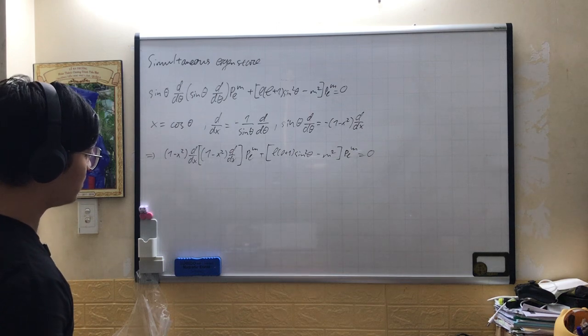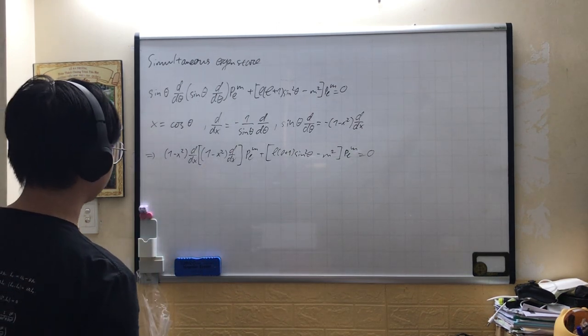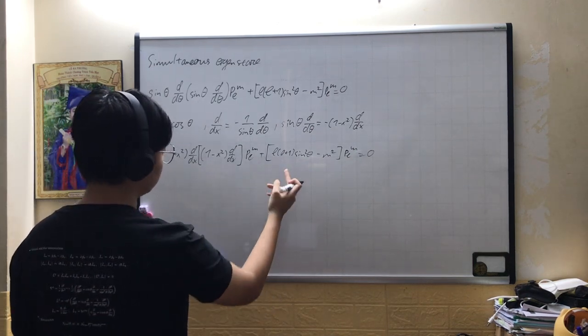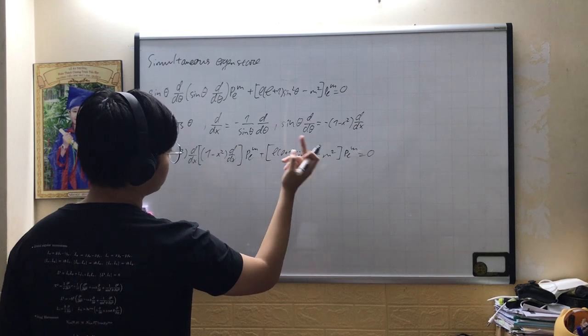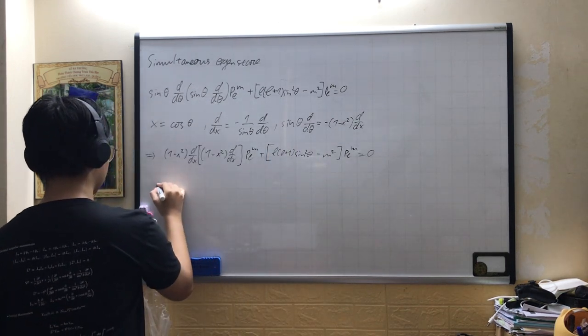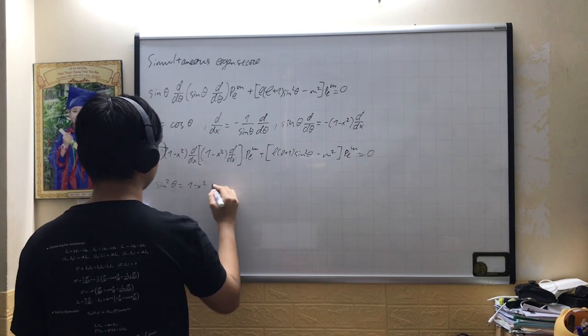Okay, so can we do anything further to shorten this? Because it's still pretty long and messy. Well, you can shorten the sine squared here as well, since sine squared theta is also equal to 1 minus x squared.